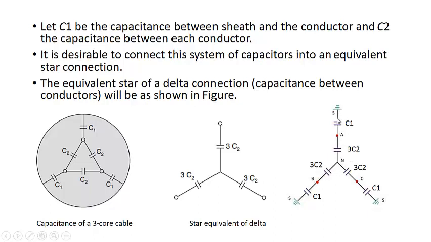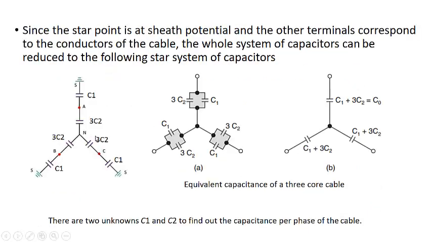So they are not actually in series, they are in parallel, because one electrode of this capacitance is connected to point A, and the other electrodes of these two are connected through S and N, because S and N are at the same potential, or we can say they are connected to each other. So we can say these two are in parallel. C1 and 3C2 are in parallel. This is the conductor and this is this point N. So the per phase capacitance, that is in one phase, phase A, is C1 plus 3C2.